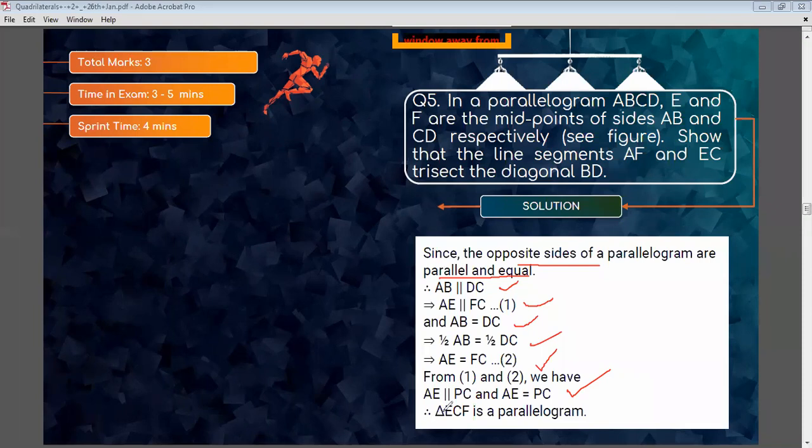This statement will be wrong. In this statement, the triangle cannot be considered. So right till here.